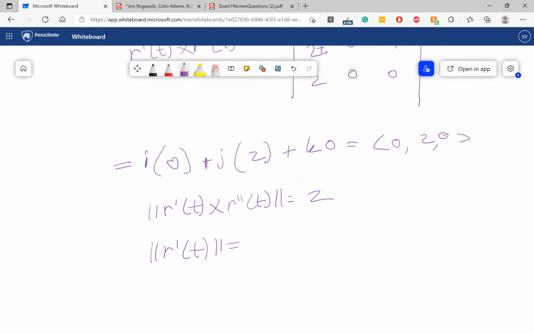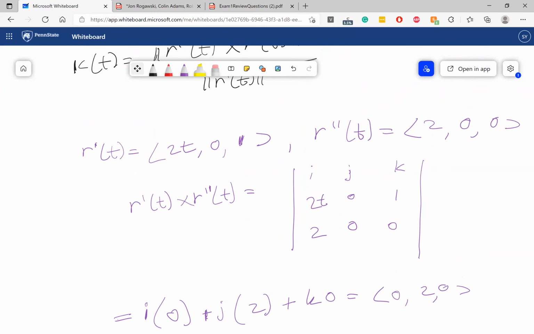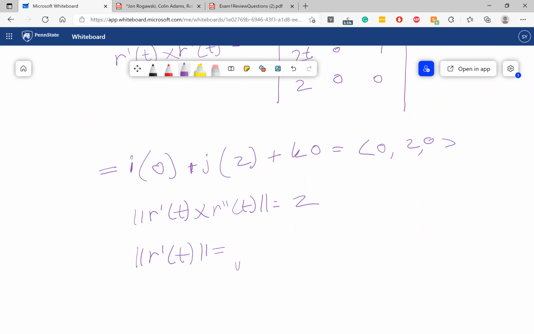It's the square root of 4t squared plus 1.